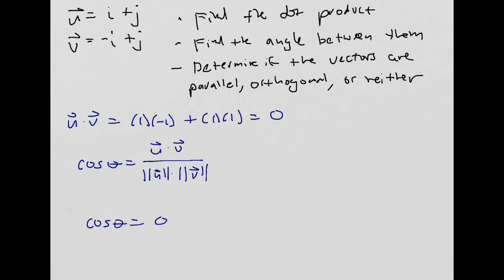It doesn't matter what the denominator is because the numerator is just equal to 0. So, since the dot product is 0 here, what can we conclude? If cosine of theta is equal to 0, then theta must be 90 degrees. And what can we conclude then? If the angle between them is 90 degrees, then these two vectors are orthogonal. They do cross at a 90-degree angle.